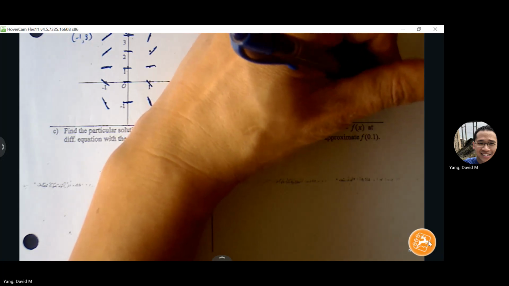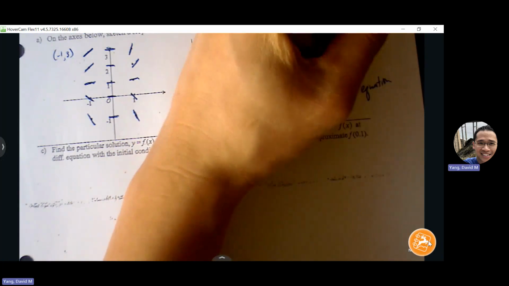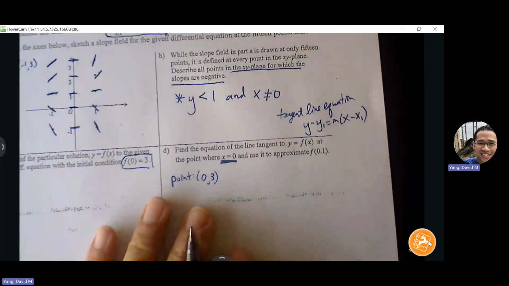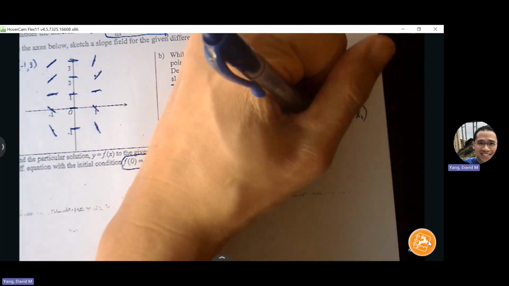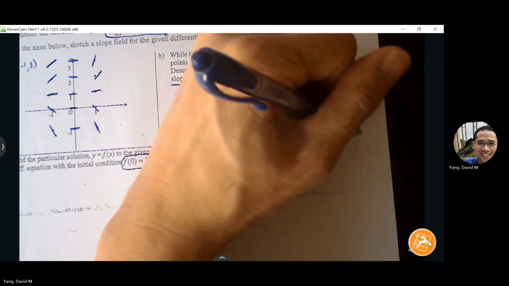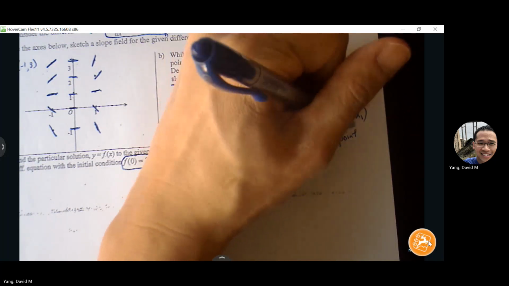Yeah, so if I want to find the tangent line equation, I just basically need enough information to plug into my linear equation. So I need my ordered pair. I need my slope.